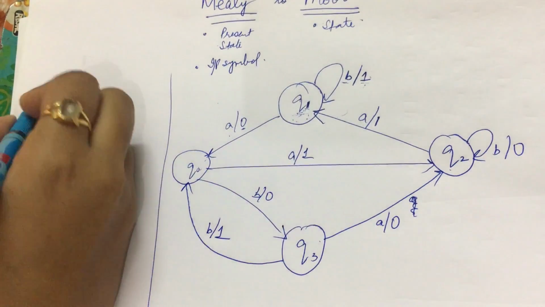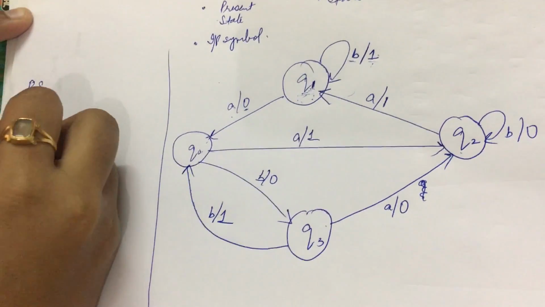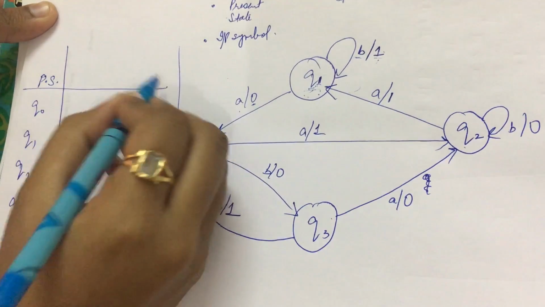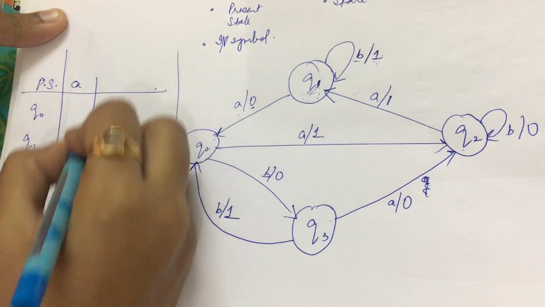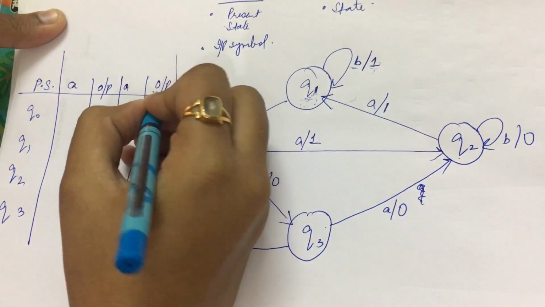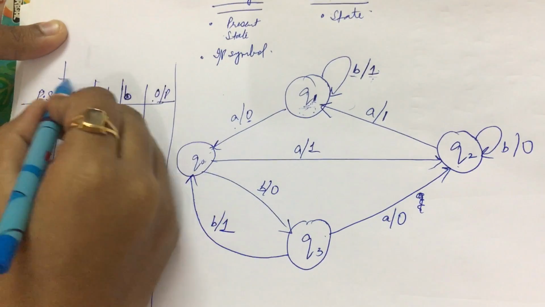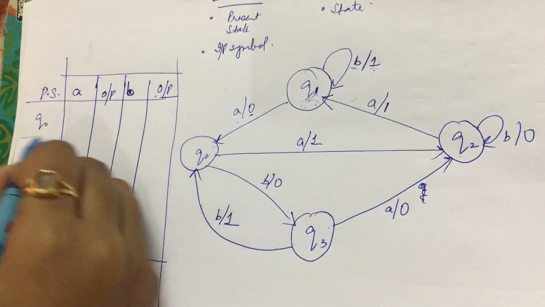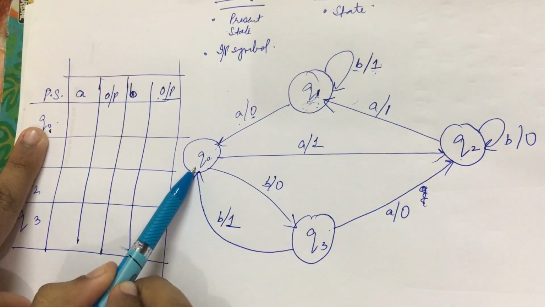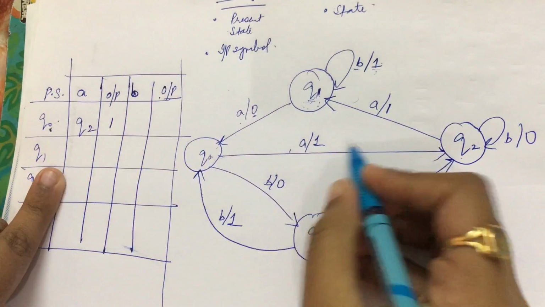It is very clear that I'll have a present state column, taken as Q0, Q1, Q2 and Q3. Then obviously for every state I will have an input symbol and a corresponding output, and an input symbol and a corresponding output. When I look at the diagram, I can see that when I transit from Q0 using A, I get the state Q2 and output symbol 1.